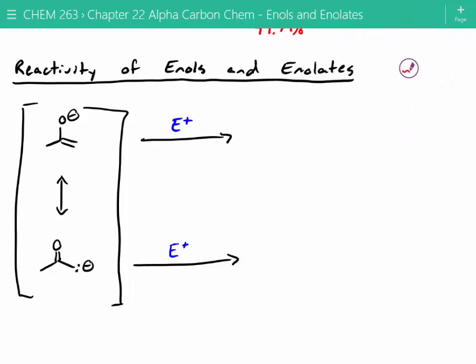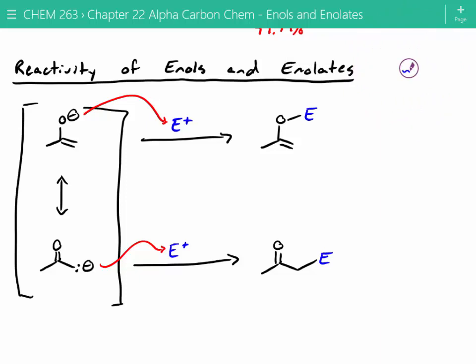So if we were to have our nucleophile attack our electrophile, it could occur either at the oxygen or it could occur at the carbon. And so let's draw out both products that we would get. And then we'll add in our electrophile.